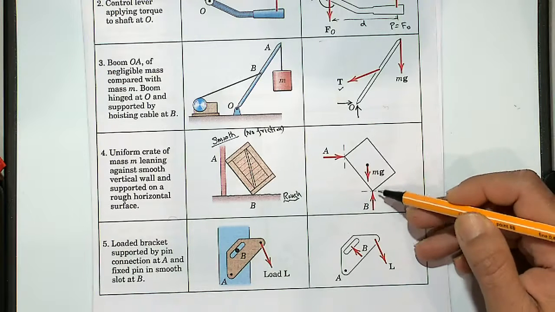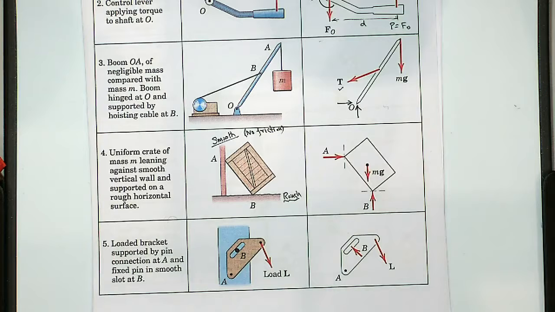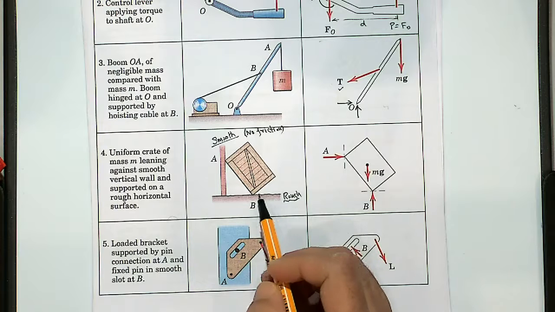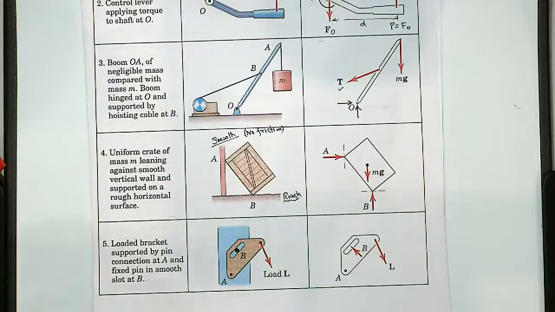The reaction force from the rough surface at the bottom would act upward. Now the question is, do we need any horizontal force here, or is it balanced? Yes, we need a horizontal force here. Which direction? Friction to the left.